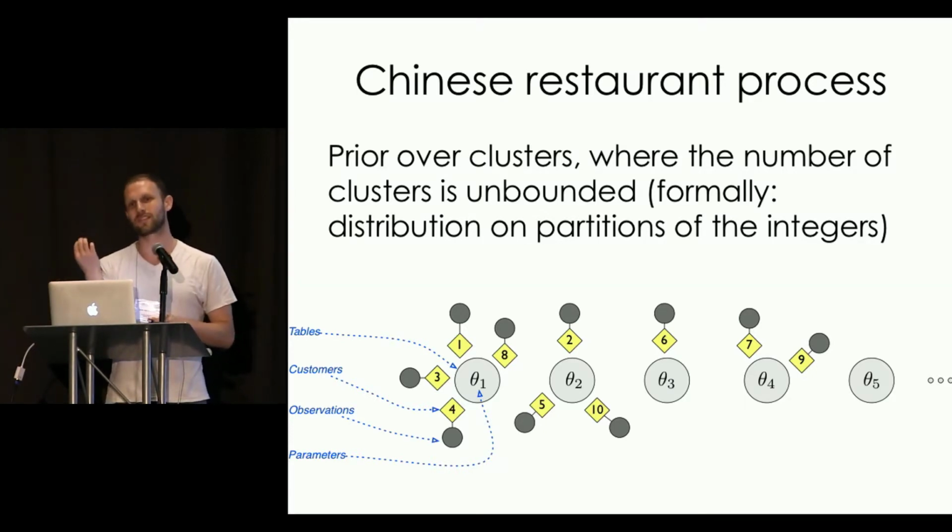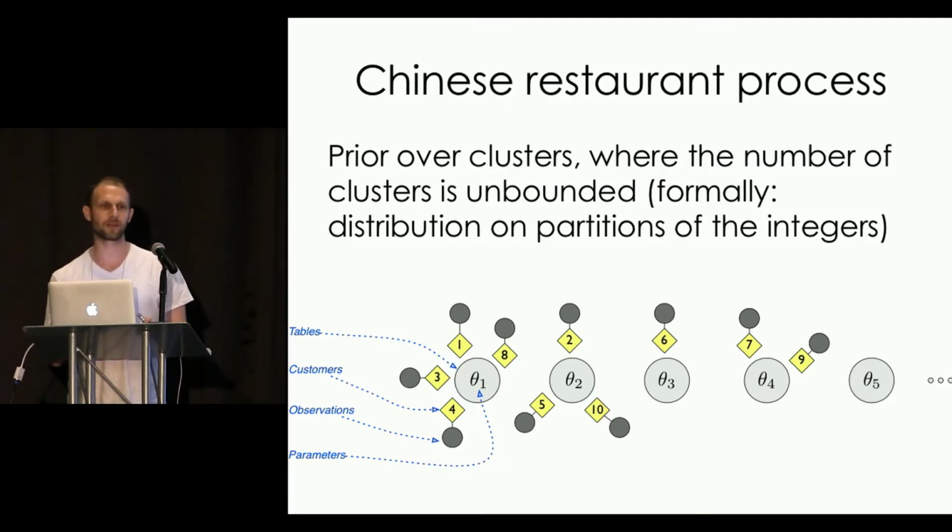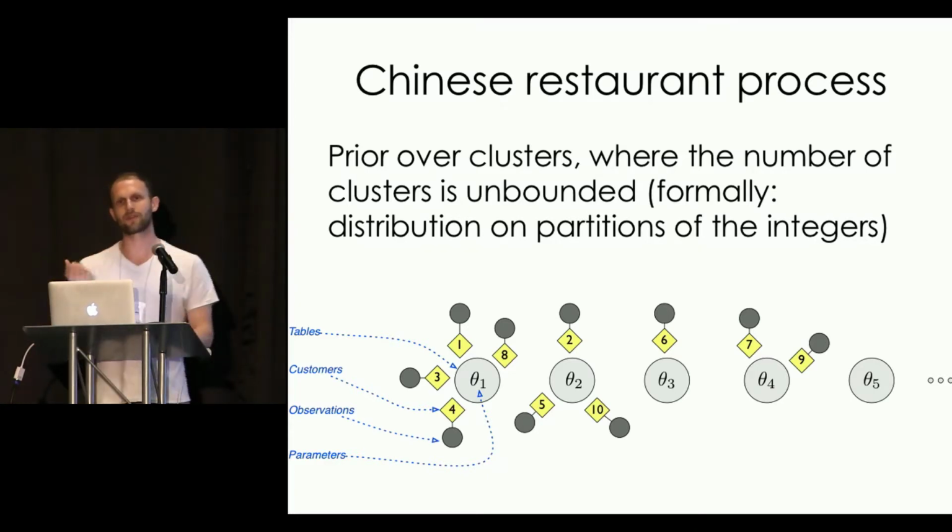So the customers in this metaphor are the data points that enter into the restaurant, and they get assigned to tables which correspond to mixture components. Okay? And the way it works is that the first customer comes in and gets seated at the first table, and then the second customer comes in and has to choose either to sit at the same table as the first customer or go to a new table.